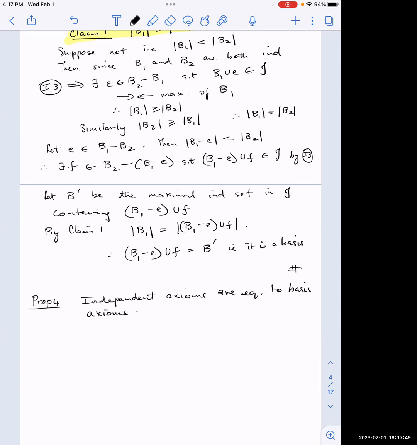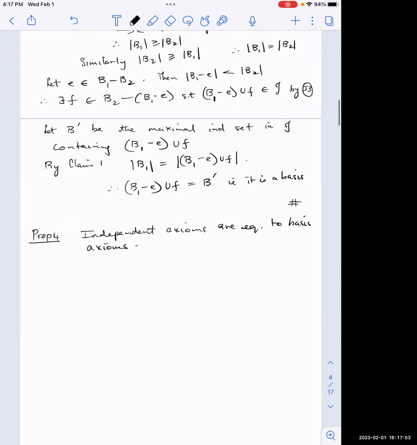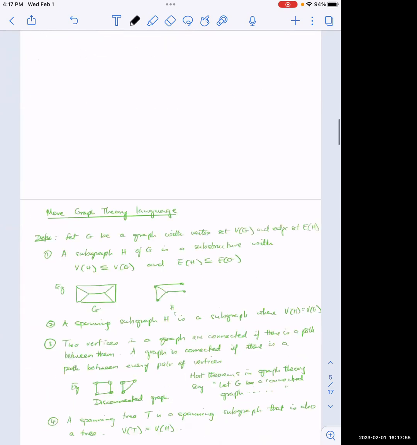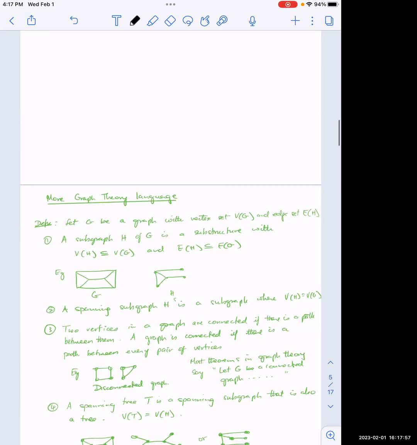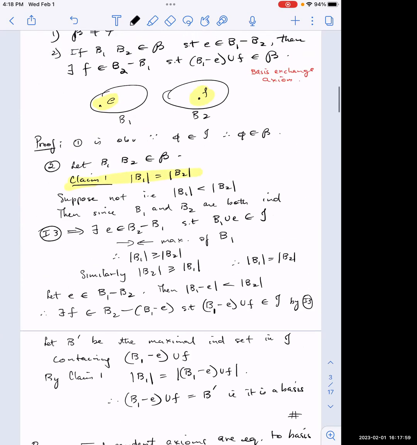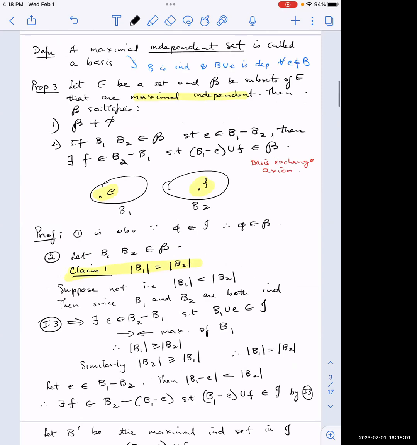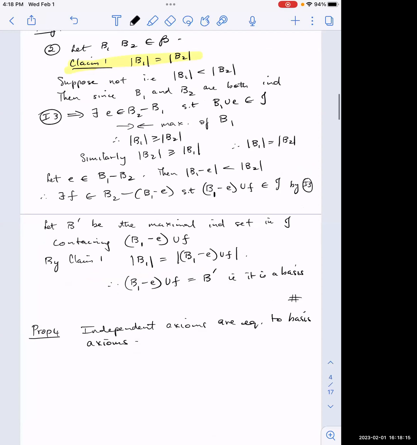So I'll skip this proof. All right, so before we move on, again, the basis axiom is this: the basis exchange, you can swap out one element with another and still get a basis. So B1 minus E union F is a basis.